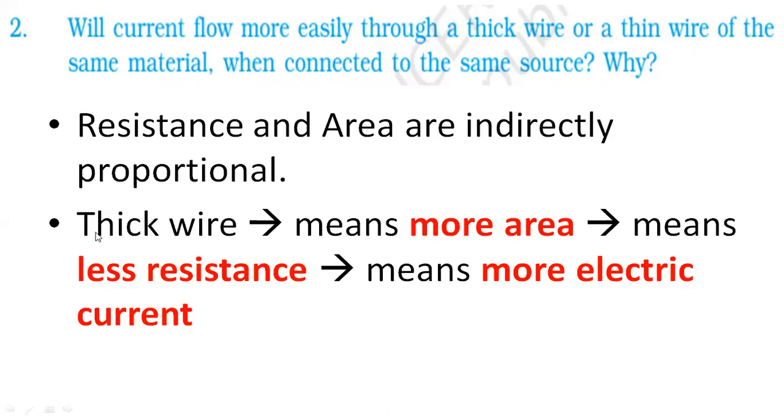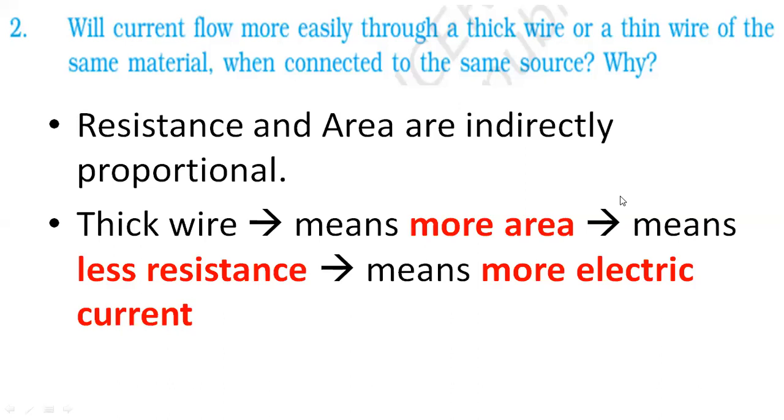Okay? So thick wire will have more area, less resistance, more electric current. Give me response in the chat box. Have you understood that thick wire is nothing but having more area, which means less resistance, which means more electric current? Correct? Okay.